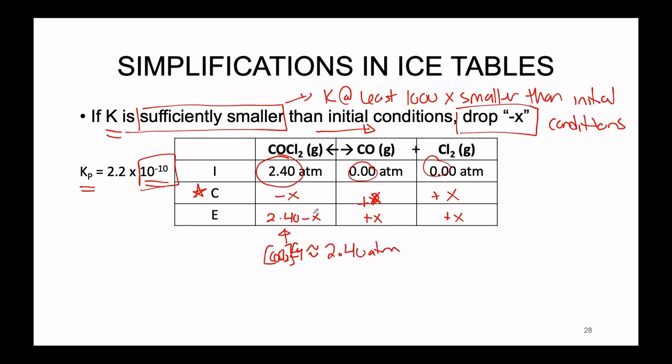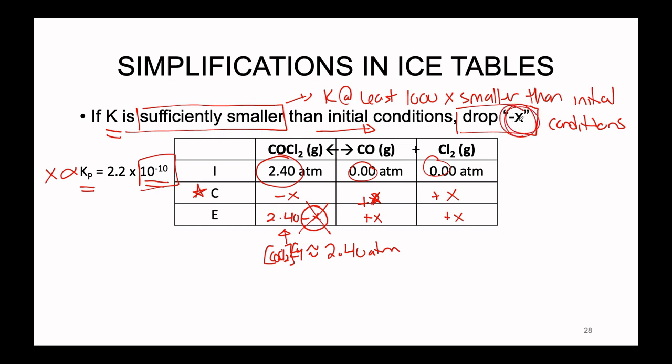In other words, this change x is proportional to what our equilibrium constant is. And the smaller our equilibrium constant, the smaller this minus x is going to be relative to the initial conditions. Therefore, this minus x we can drop. This is the x that I mentioned earlier that we are allowed to drop.